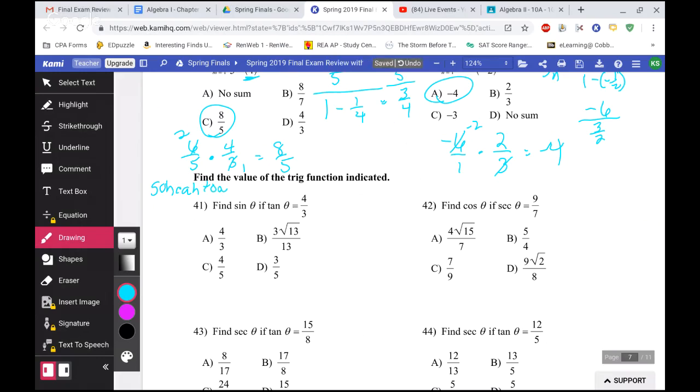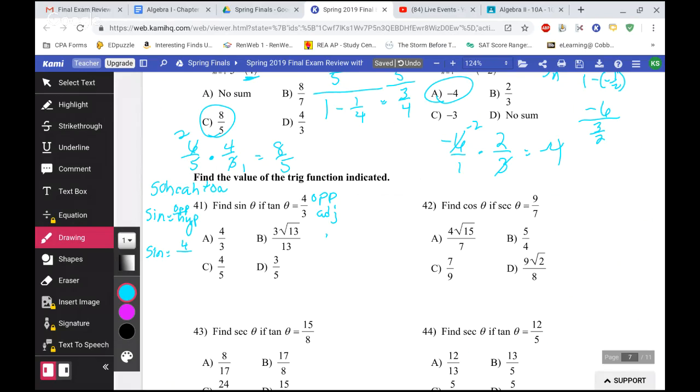Tangent is opposite over adjacent, and sine is opposite over hypotenuse, so you have the numerator value for sine, 4, but you don't know the denominator, the hypotenuse value.